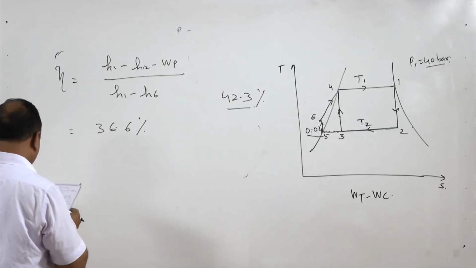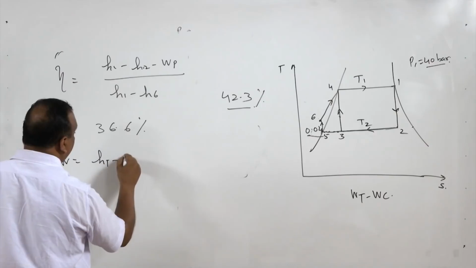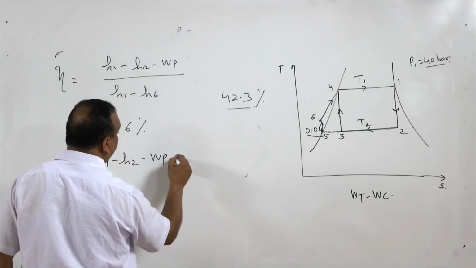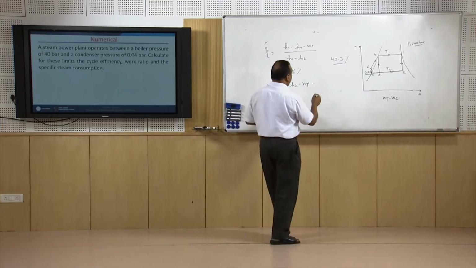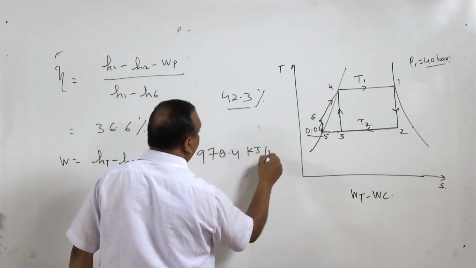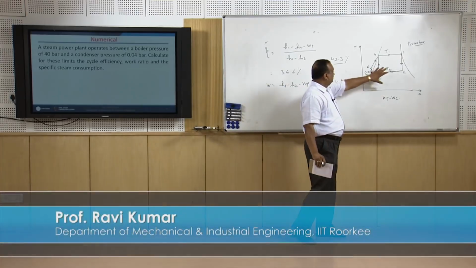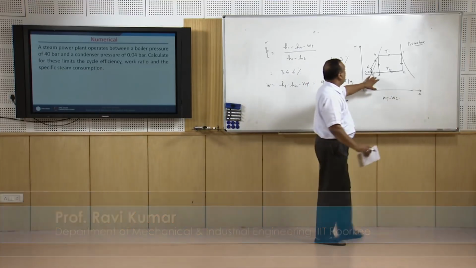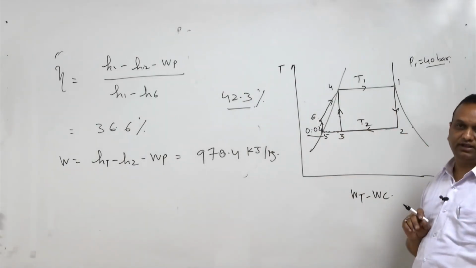Work output in this cycle is H1 minus H2, same as in the case of Carnot cycle, minus work of the pump, and here work of the pump is very less, only 4 kilojoules per kg, and it comes out to be 970.4 kilojoules per kg. So, in this Rankine cycle, the efficiency is lower, but we are getting more output in this case, and this is a more practical cycle if we compare with the Carnot cycle.